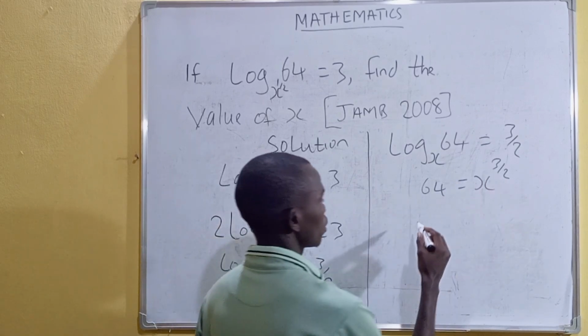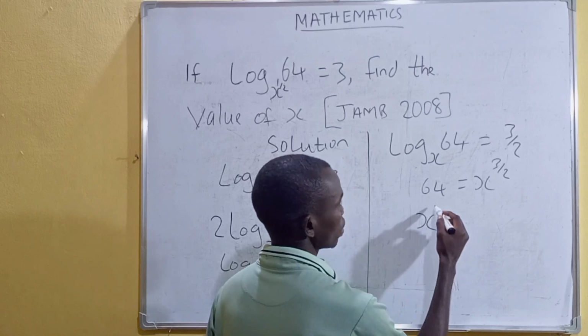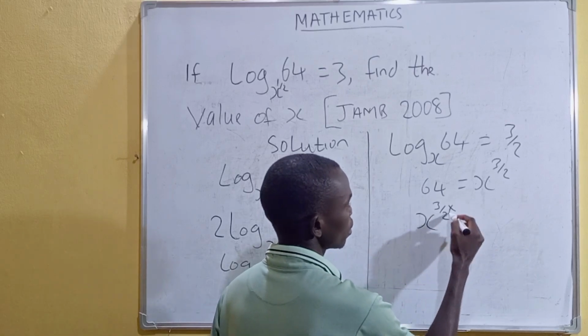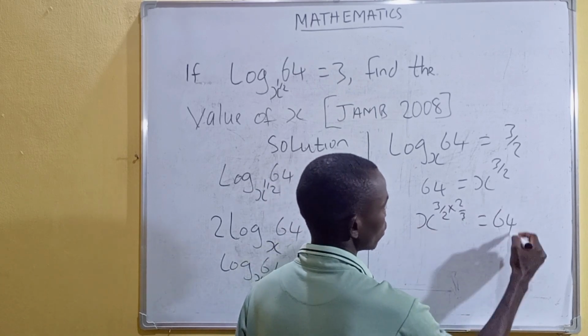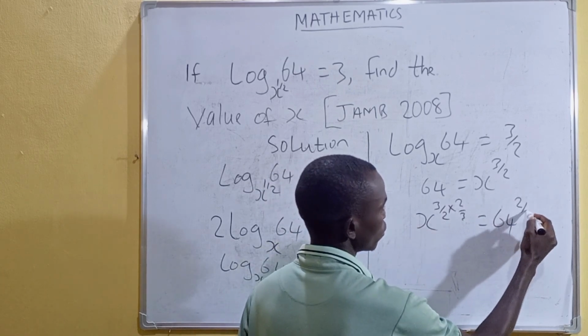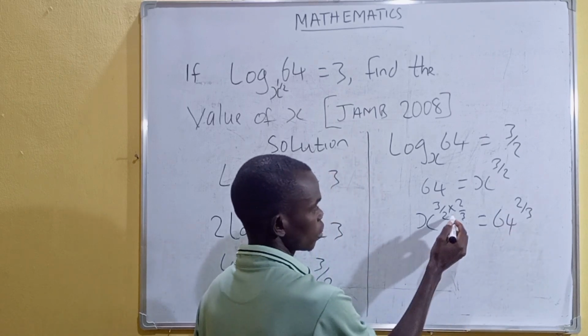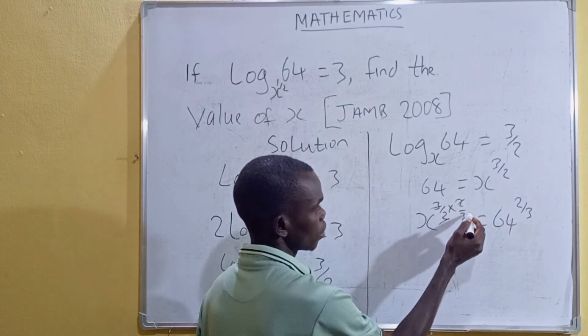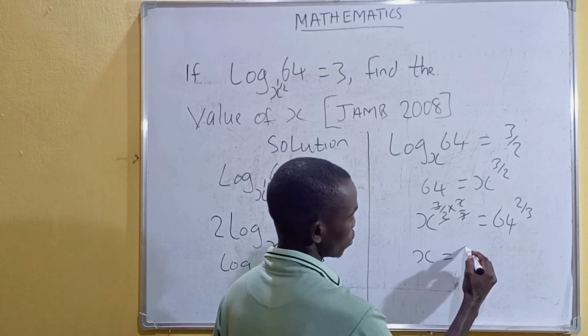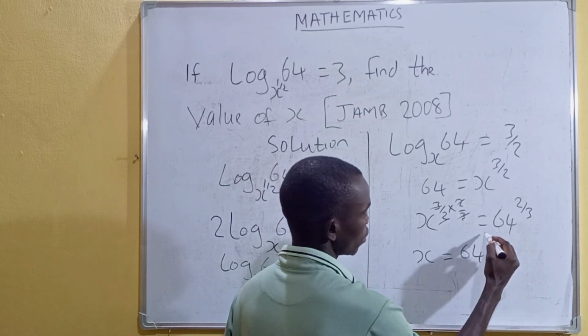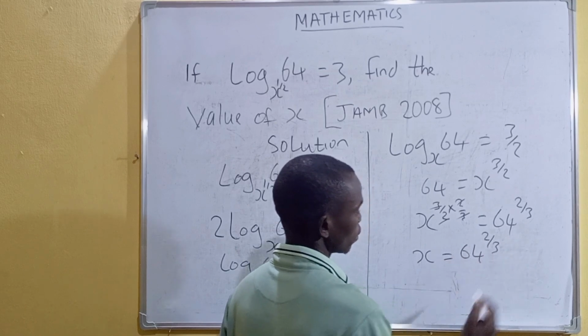So it will now be s 3 over 2 times the reciprocal, which is 2 over 3, equals 64 raised to the power 2 over 3. So this will cancel this, and this will cancel this. Our question will now be s equals 64 raised to the power 2 over 3.